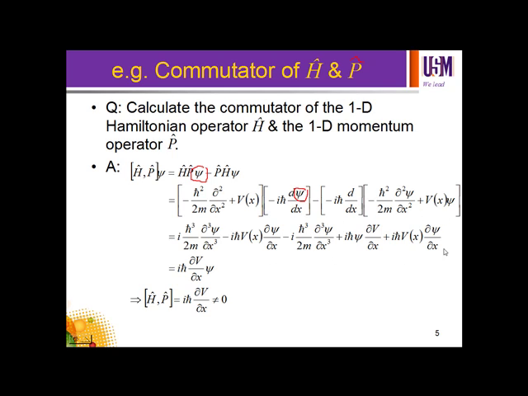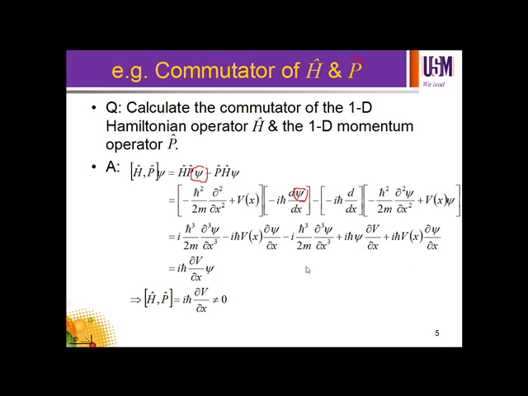And we run the mathematical operation. For example, on the left here, we have d cubed psi per dx cubed when we multiply the first term of the first square bracket with the term in the second bracket, and so on and so forth.